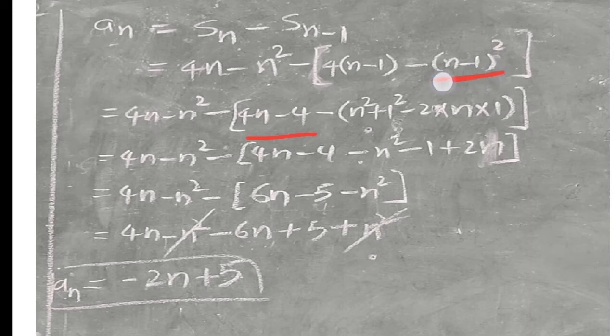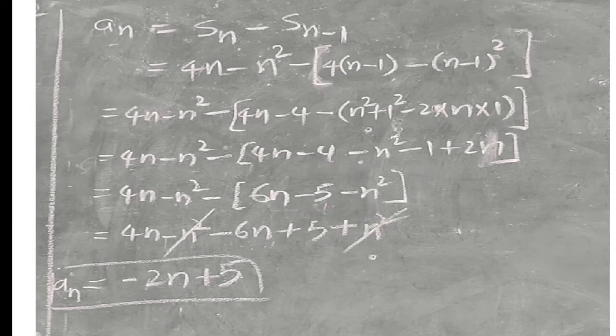Next, for n minus 1 whole square, the formula is a square plus b square minus 2ab. Next, 4n minus 4. Now remove the bracket: minus n square minus 1 plus 2n. Sorry, before removing the bracket, let's simplify. 4n plus 2n is 6n, minus 4 minus 1 is minus 5, and here minus n square.